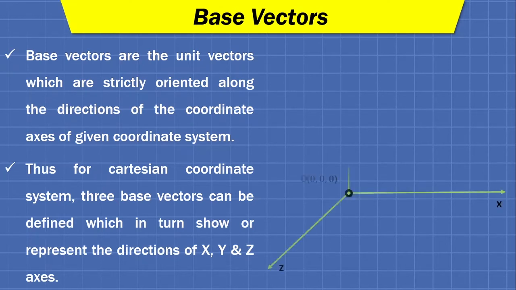So here we have taken a right-handed coordinate system and defined an origin. For such a system, three unit vectors will be there which will represent the direction of x, y and z respectively, and all these three vectors are called the base vectors for Cartesian coordinate system, fine.